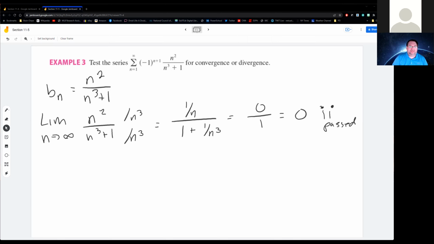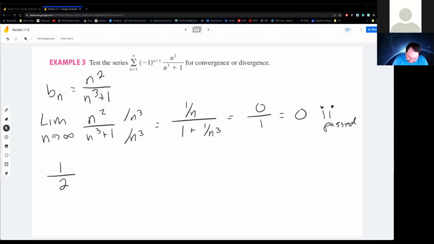This one, if we look at it, does it decrease? Yeah, right off the bat. How do you know it decreases? Because there's a bigger factor on the denominator. That doesn't mean it's always decreasing, so let's look at it. If I plug in 1, I get 1 over 2, right?